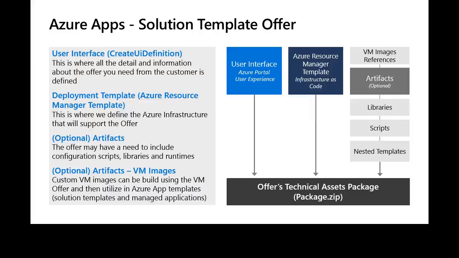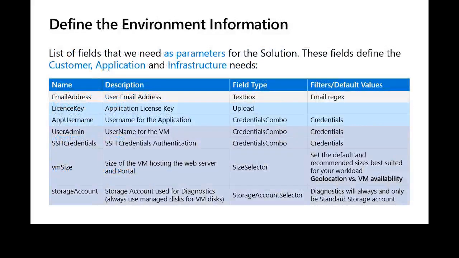Optionally, you can bring your VM image references, your libraries, your scripts, nested templates, basically any other artifacts that you may need. You will package all that into a zip file, and then on the Cloud Partner Portal, that's where you will upload that file. So that's one single file that will contain the definition, the user interface, and all the libraries and scripts that you may need.